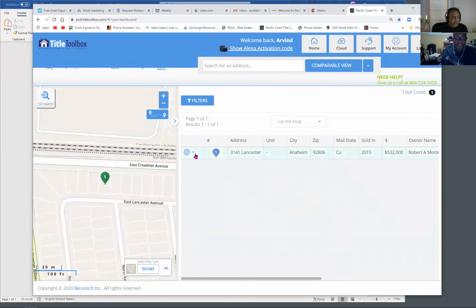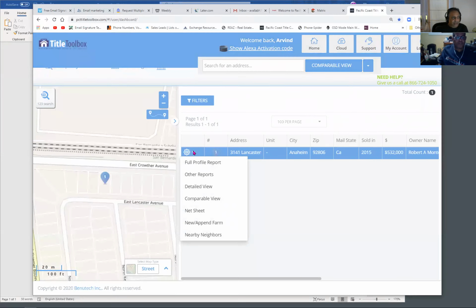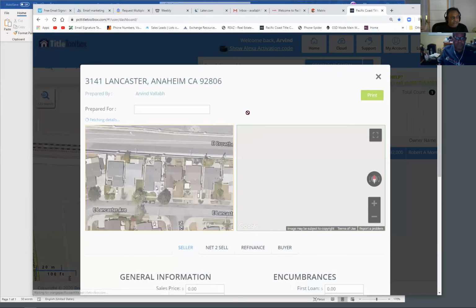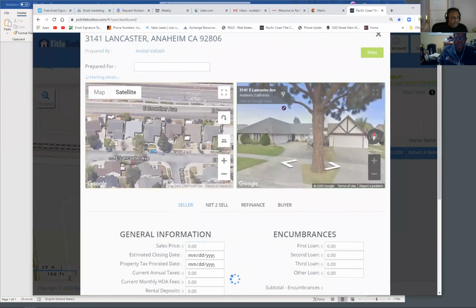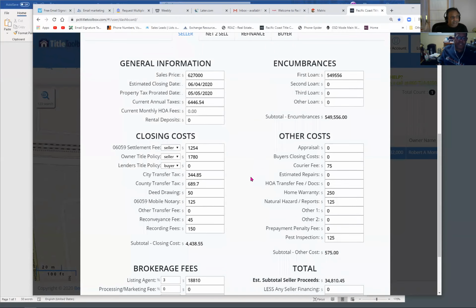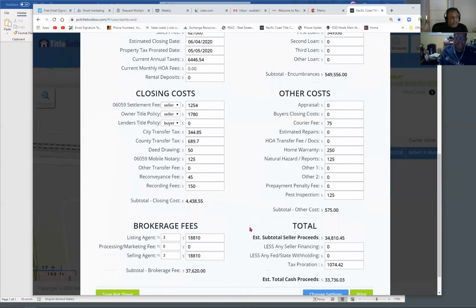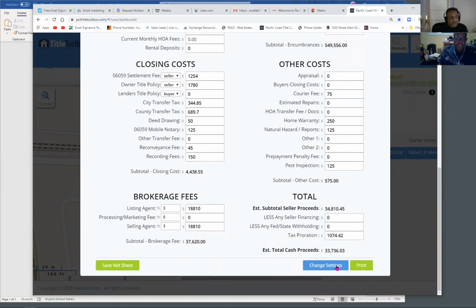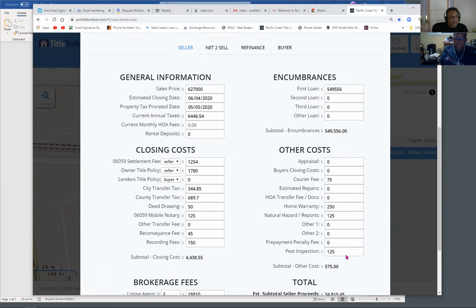It's called a net sheet. When you do the net sheet, here are your other costs, closing costs and things like that. The closing costs, with the broker's fee and everything, are down here. And this is the net they have to work with.